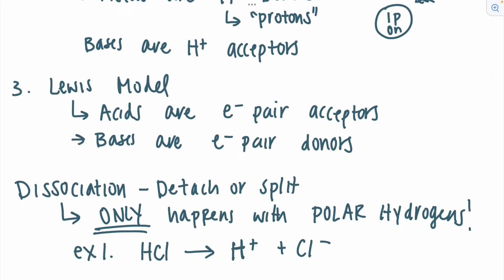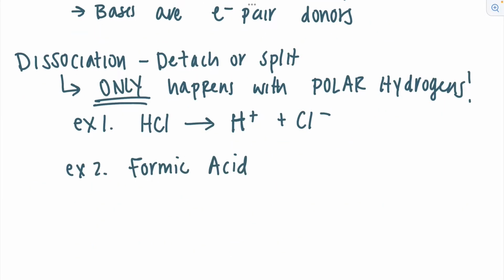All right, let's do another example. Formic acid. Formic acid has the structure that many organic acids have, this COOH group. And for formic acid, the other side is just a hydrogen. There's going to be some dissociation because it's an acid. So take a second, guess which hydrogen is going to dissociate.